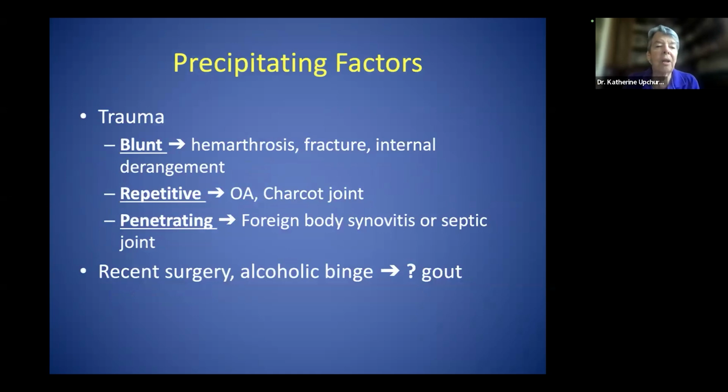Precipitating factors: blunt trauma, repetitive trauma, penetrating injuries, all of these things need to be asked about. And also, it's interesting if you have a patient who comes in with a red hot swollen ankle or foot, and he says, well, I had a few beers last weekend. It's never happened before, but a few days later, this is what happened.